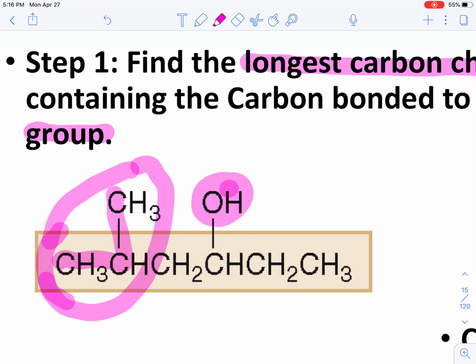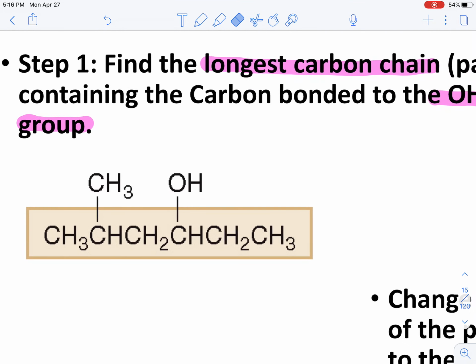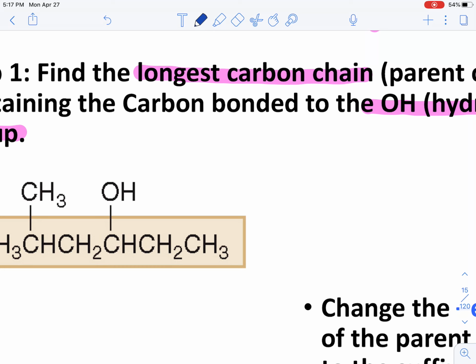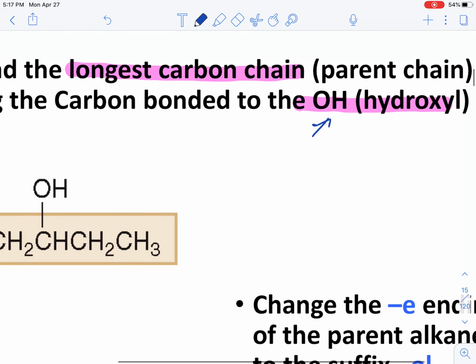Since that does not contain the alcohol, we know that's not the correct carbon chain to represent the parent chain of the structure. Also, it's not the longest carbon chain. So when you're trying to determine the longest carbon chain, just make sure that the alcohol or the hydroxyl group is attached directly to it.